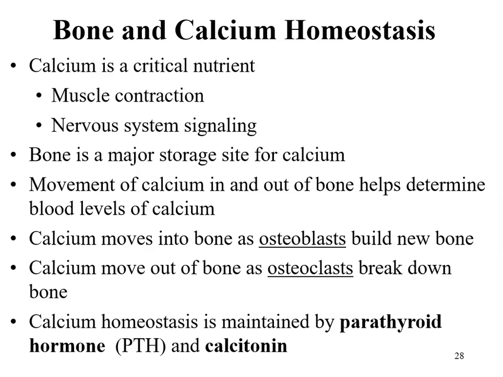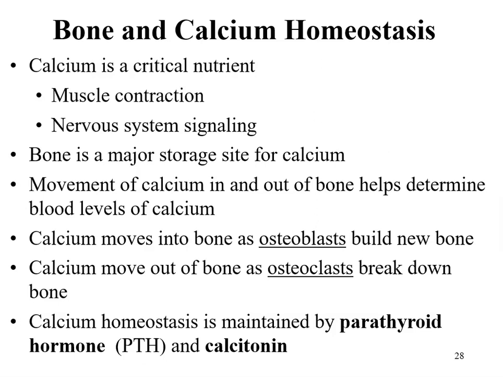Our body uses the bones as a bank for calcium, storing calcium within it should we require it for maintaining blood calcium levels. So it's movement of calcium in and out of our bones that's a major factor in determining blood levels of calcium.